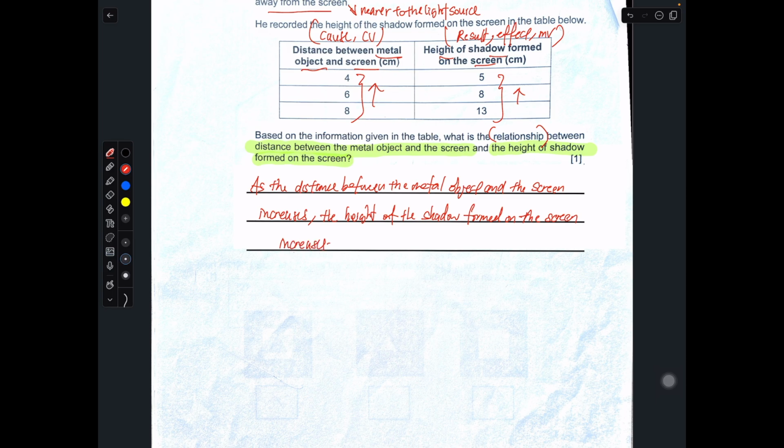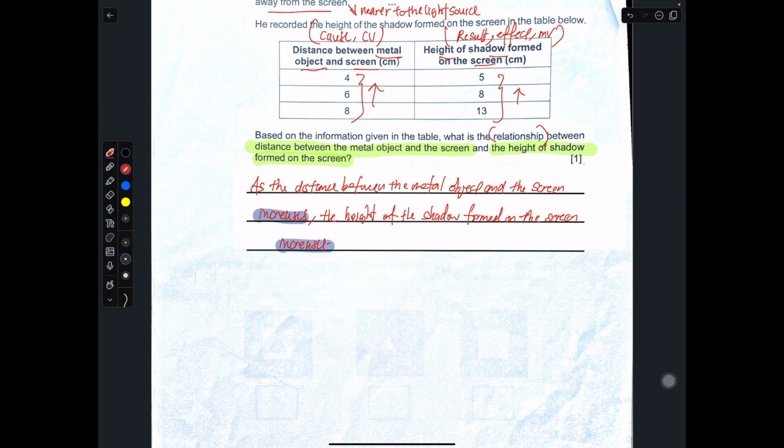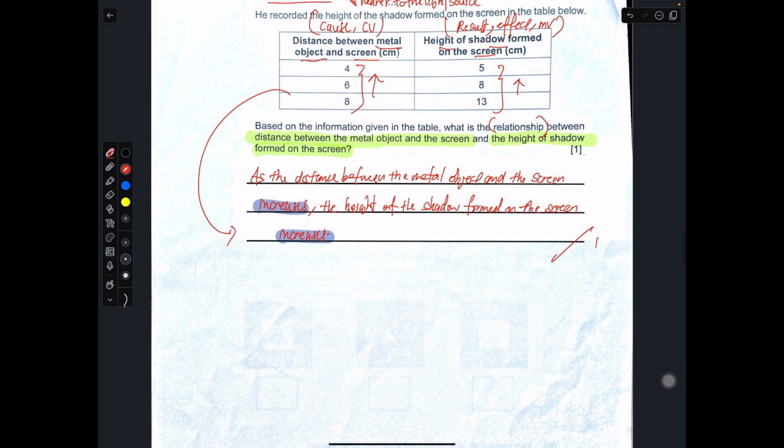The main focus is the word increases, and whether you can get it from the table. This will be 1 mark.